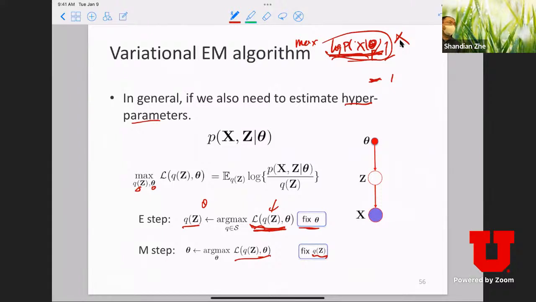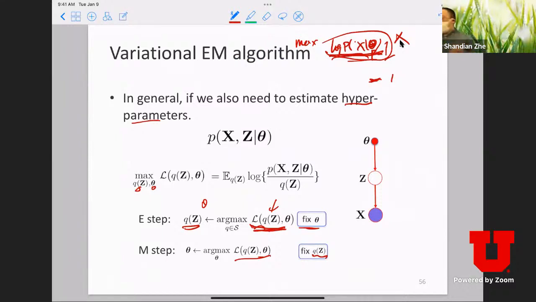For the Gaussian model, you are able to maximize the true evidence because the posterior was inside the space we are looking at. Yes. In that case, your Q of Z is the true posterior. But as we mentioned before, you really have to restrict Q of Z to be relatively simple. Then even your optimal Q of Z in your range is not necessarily the true posterior.